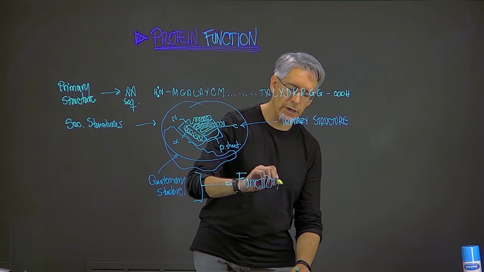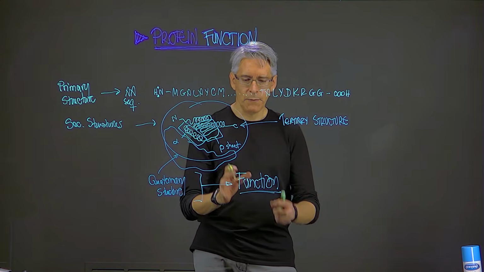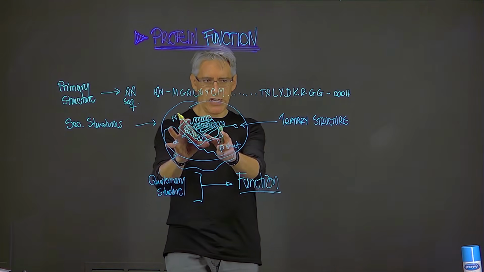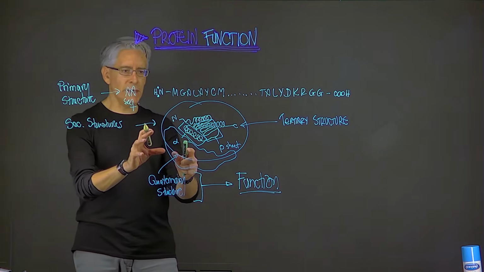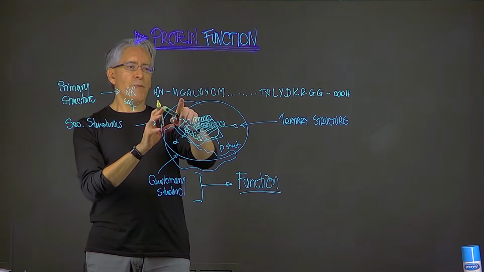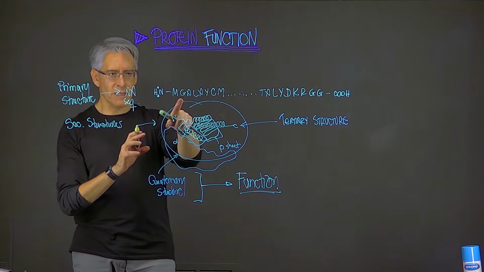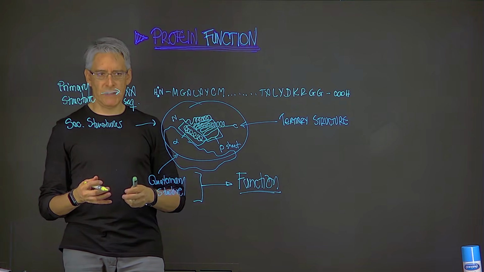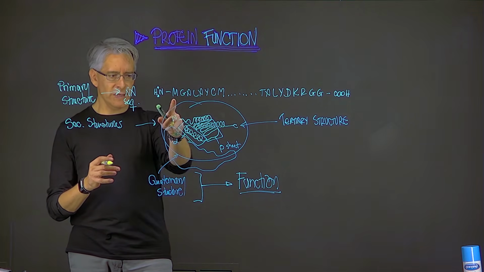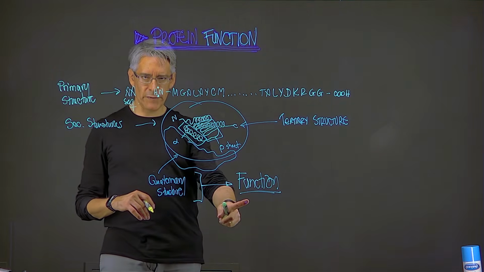And the function of the protein, being directly dictated by the shape of the protein, comes down to be dictated by the primary structure of the protein, meaning the amino acid sequence of the protein dictates in the end the function of the protein.